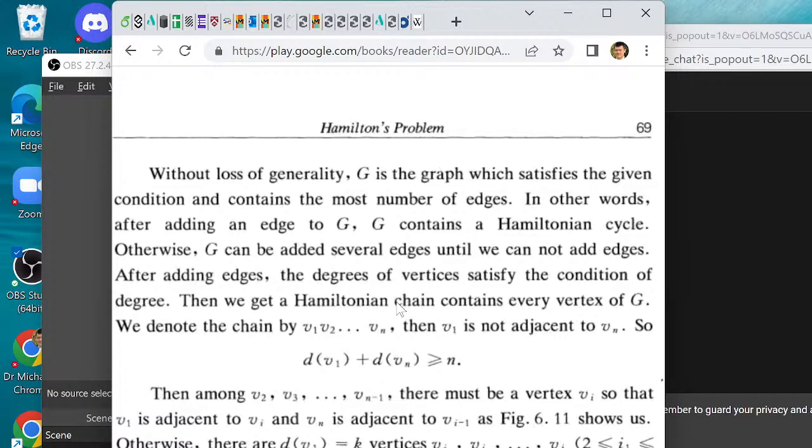Well, if you add one edge, it contains this Hamiltonian cycle. Then removing that edge, would that edge be part of the cycle, I suppose, yeah? If you get a Hamiltonian chain, can I just randomly add edges to it?